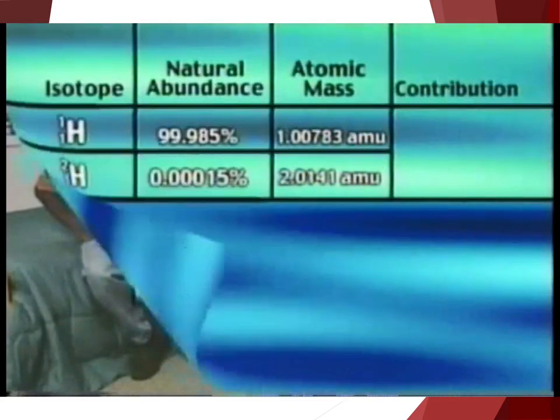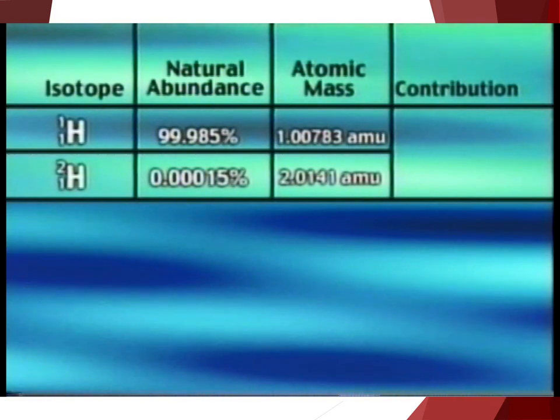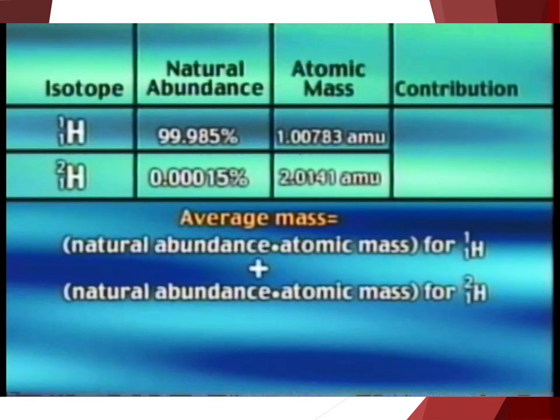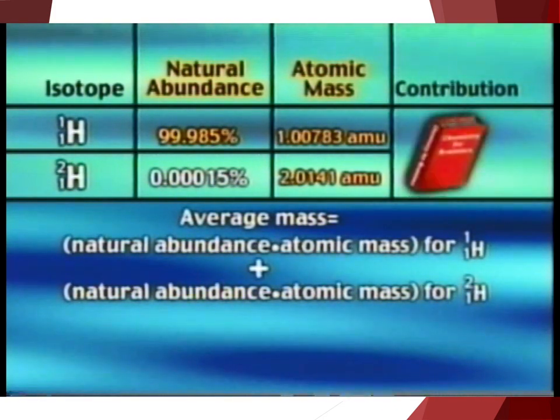We'll use two of hydrogen's isotopes to show you how to calculate average mass. Find average mass by multiplying the natural abundance of each isotope by its atomic mass. Then, add the contributions of each together. Again, you can find the natural abundance and atomic mass listed in a general chemistry book. So, here we go.